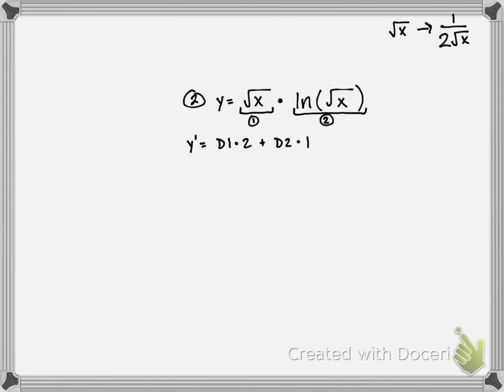It's a good one to memorize for you guys. So that's easy for me to apply to D1. That's 1 over 2 square root of x times 2, and 2 is just ln of the square root of x. Okay. Plus.